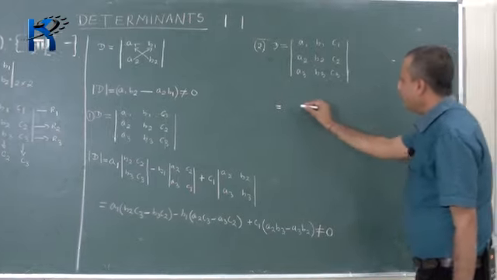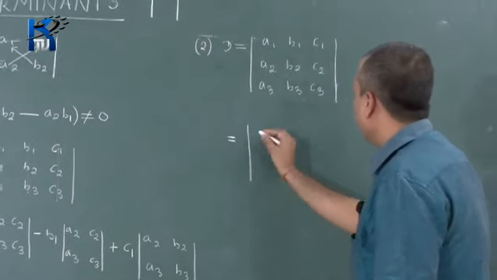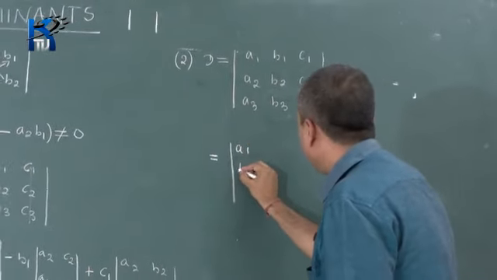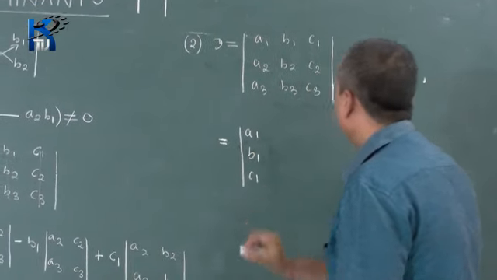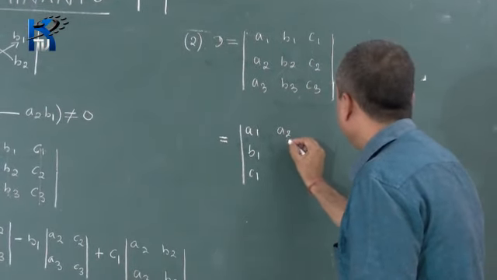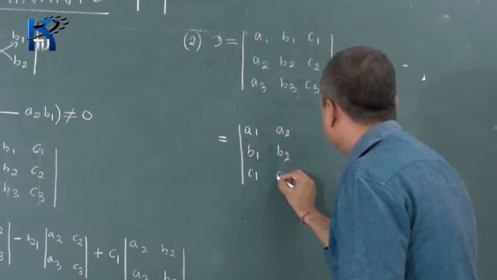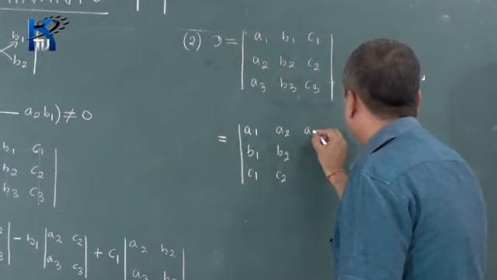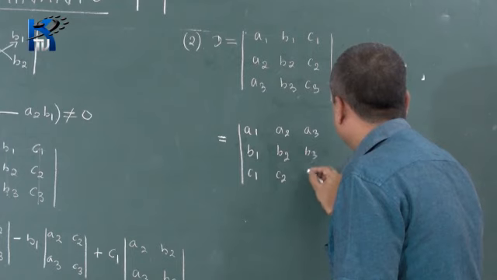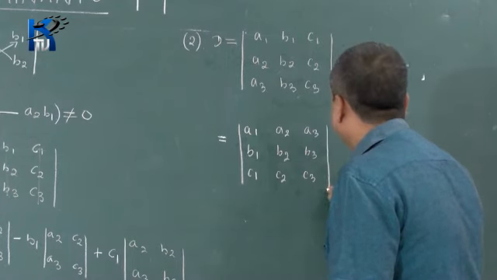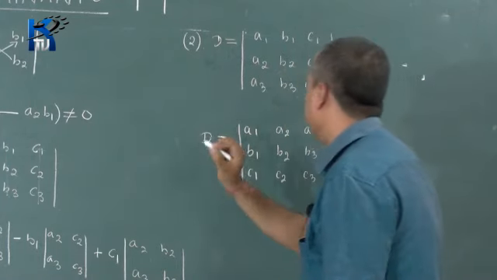Now if you change row into column or column into row, the determinant A1, B1, C1, A2, B2, C2, A3, B3, C3, the value of the determinant will remain the same.